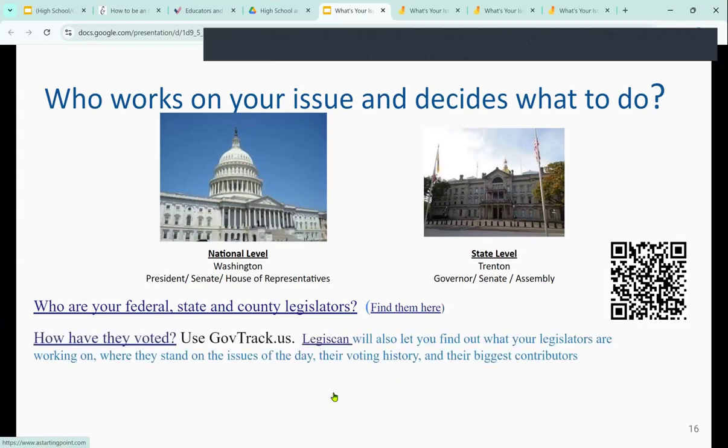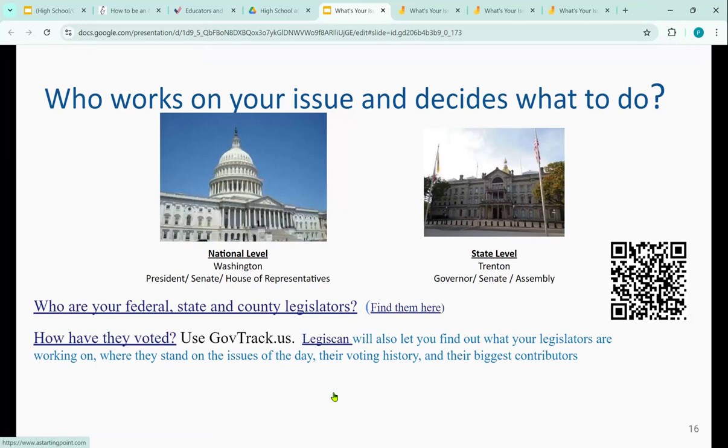You can also find out how your representatives have voted. And that can be important if you want somebody to help you with a bill that you are trying to get passed. Let's say, I'm going to use an example that the kids in Energizing Young Voters did.